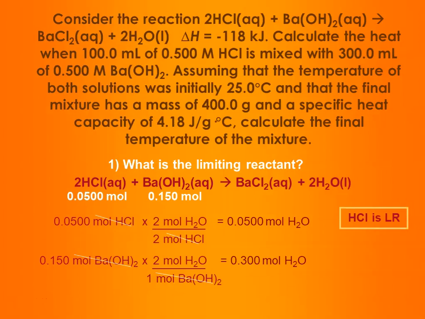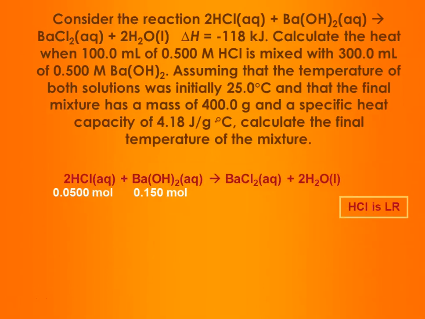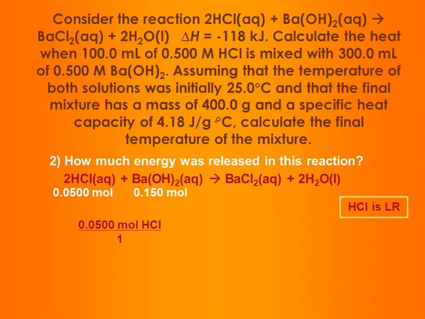Why that's important is that that's going to help us determine how much heat is given off in this reaction. If we assume all of the hydrochloric acid was consumed, and we know what the enthalpy change was for our reaction, negative 118 kilojoules, we know that much heat was released for every 2 moles of hydrochloric acid that were consumed, because the coefficient for HCl is 2.